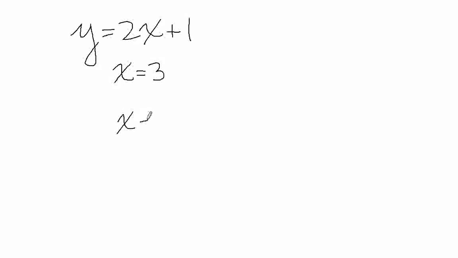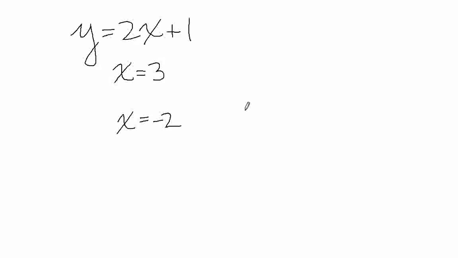Now I'm going to find some solutions with respect to the linear equation y equal to 2x plus 1. I'm going to find the solution with respect to x equal to 3 and x equal to minus 2.